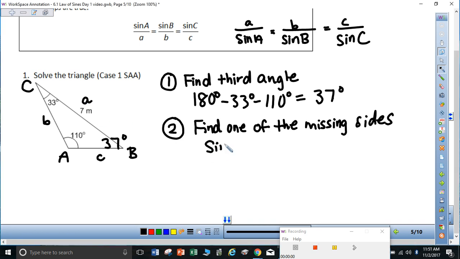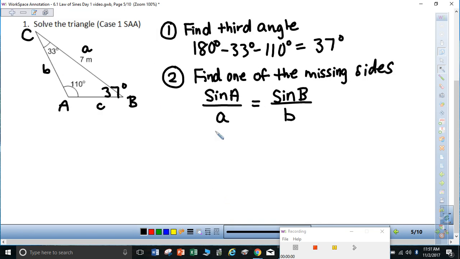So we're for sure going to use sine A over a because we know both of those pieces. Let's say that we're just solving for side b first. So we'll go ahead and just use this piece of the law of sines and then fill in the information that we know. So sine 110 degrees over 7 equals sine 37 degrees over b.